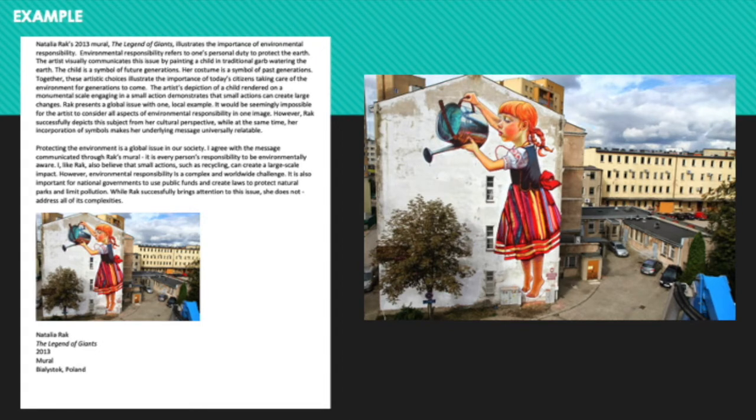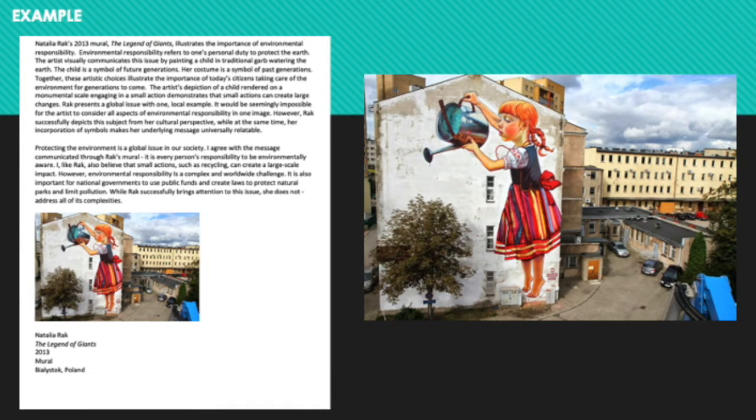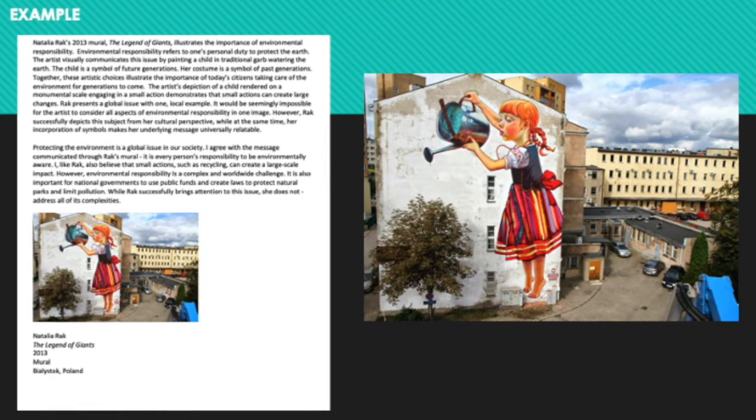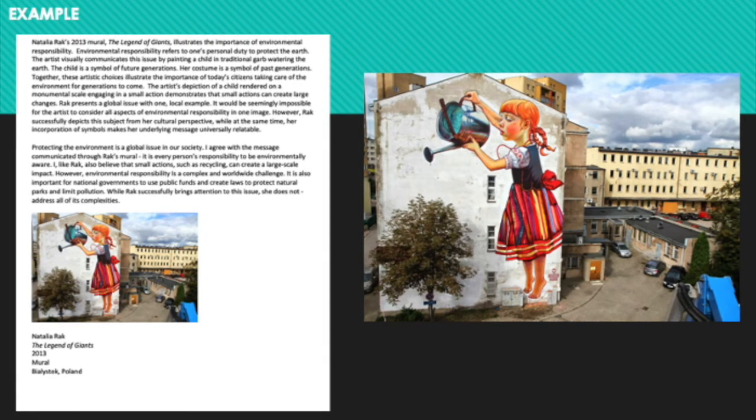Now let's look at what a successful submission might resemble. Here I discuss Natalia Rack's 2013 mural, The Legend of Giants. So first I will read you the initial paragraph. Natalia Rack's 2013 mural, The Legend of Giants, illustrates the importance of environmental responsibility.